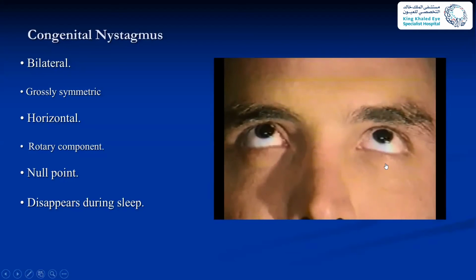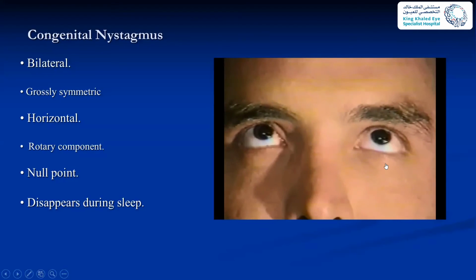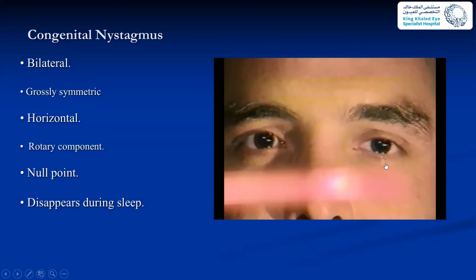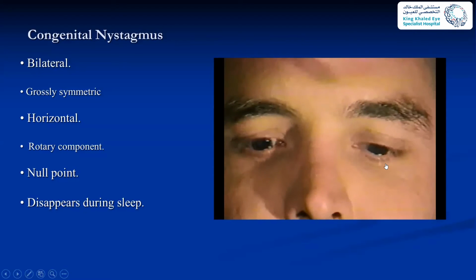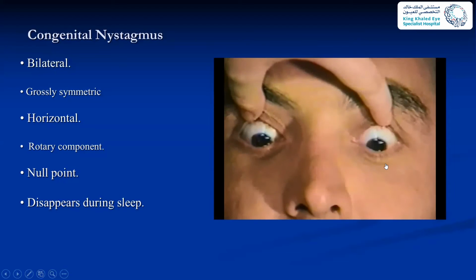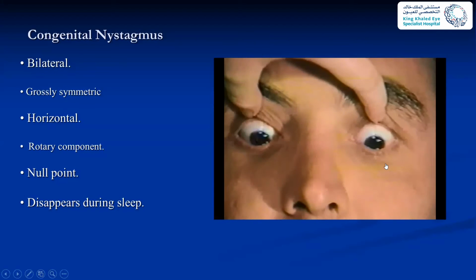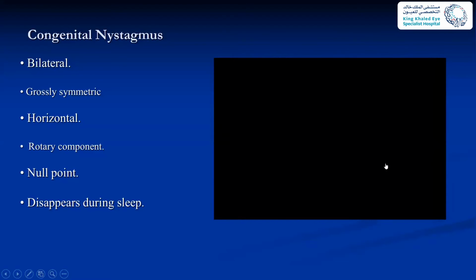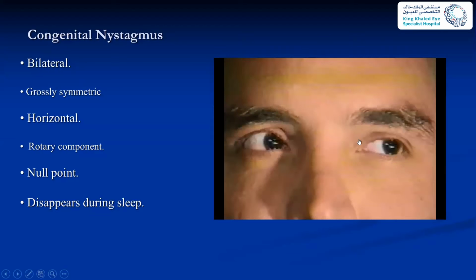His Null Point is up. As you see, the movement is less up. When he looks down, there is still pendular nystagmus, and you can see it's moving to both sides in equal intensity. I will play it again so you can appreciate it yourself without me commenting.